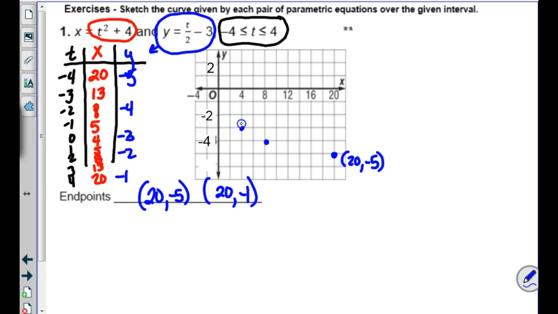Is that one (8, -2), guys? So it's curved back around this way. And then (20, -1). So it's going to be a sideways parabola, and it's going which way? From the bottom, it's going this way. All right, I'll fill the rest in when we graph it on the calculator.